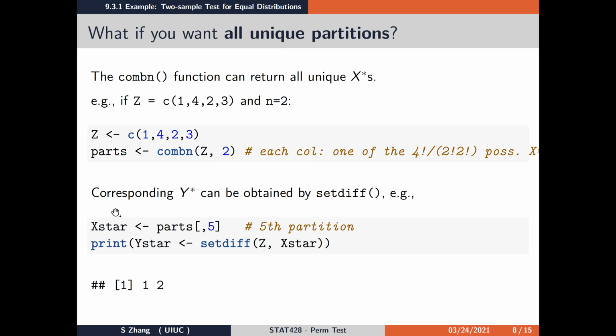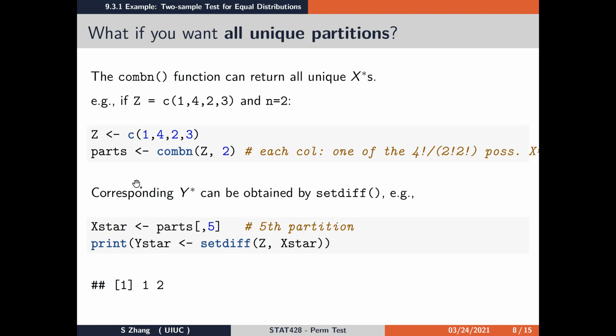For example, the 5th column here, so X star, which is equal to the 5th possible partition of Z, will be given by, I think, 4 and 3. Once you have the X stars, you can find the Y stars by simply finding the complement, so what are the remaining elements in Z that haven't been selected into X star. This can be obtained using the setdiff function, which finds you the difference between two sets.